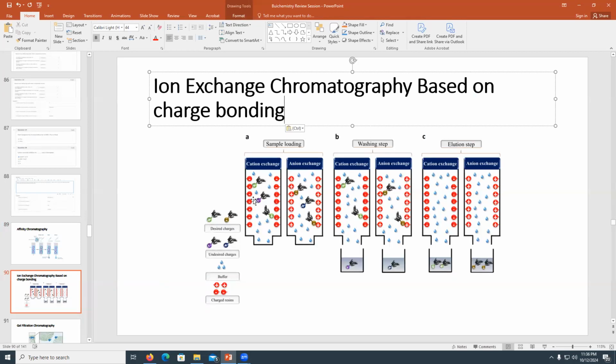But the negatively charged proteins will be repelled and they will exit out. We don't need them. But if I need something that is negatively charged, I use a positively charged medium, and it will bind that negatively charged protein, and everything else will be washed out. This is ion exchange chromatography.